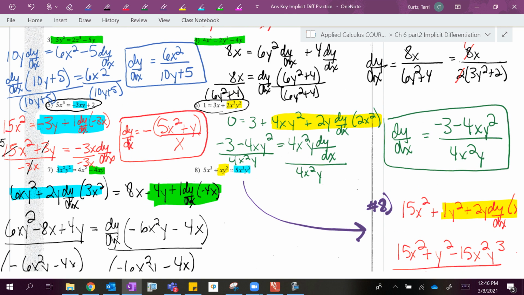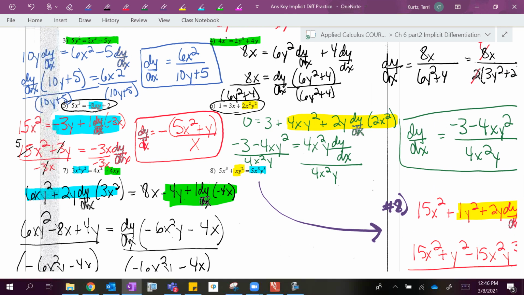So for instance, on number 5, 5x to the third is 15x squared right here, right? And then negative 3xy is the product rule. So I had to use the rule of derivative of the first. So negative 3x is the first function, right? And then just y to the first is the second.